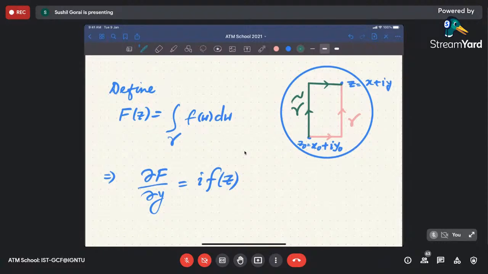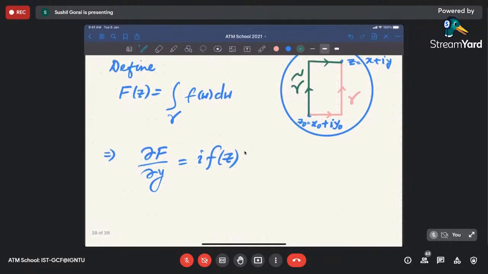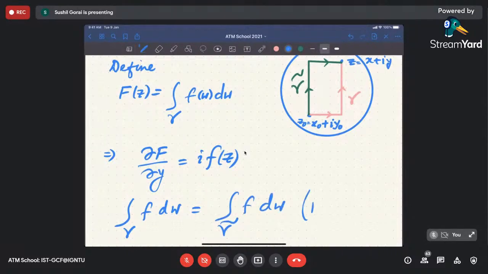You see, by the previous theorem, the integral on this rectangle is 0. So the integral over gamma of f dw is equal to the integral over gamma tilde of f dw, by theorem 3.1.